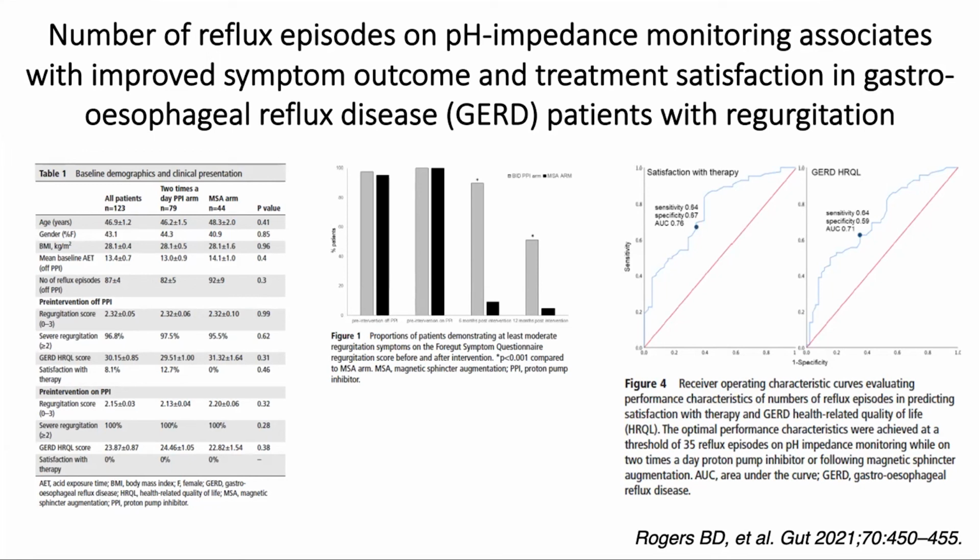The symptom score significantly improved after magnetic sphincter augmentation compared with the double-dose PPI. And both acid exposure time and reflux episodes declined with therapy in patients who recorded an improvement in symptom perception. And the ROC analysis showed that when the number of reflux episodes was lower than 35, optimal symptom control was achieved.